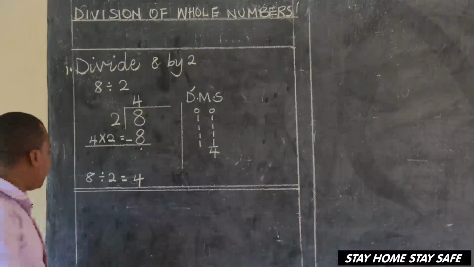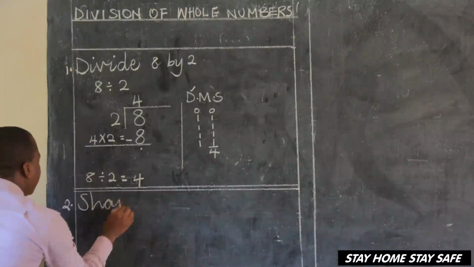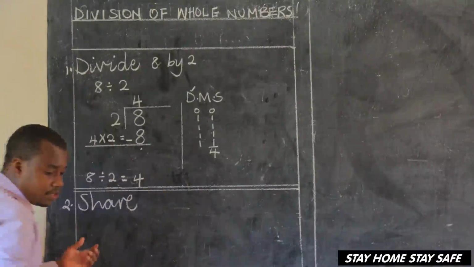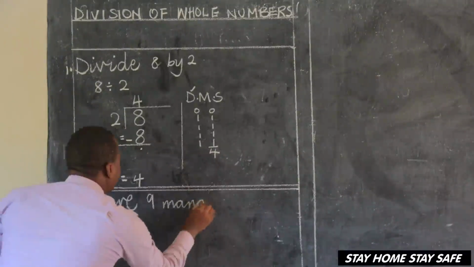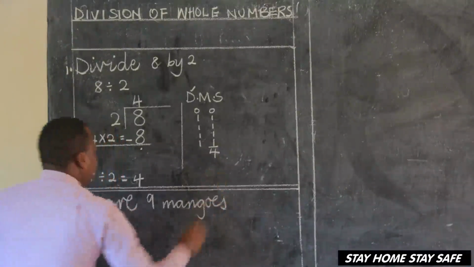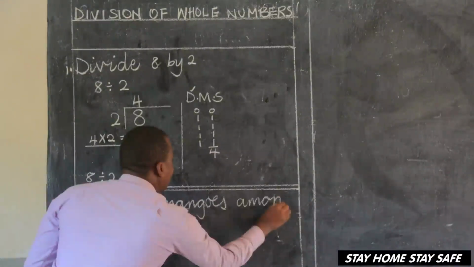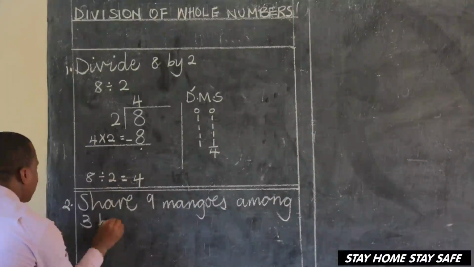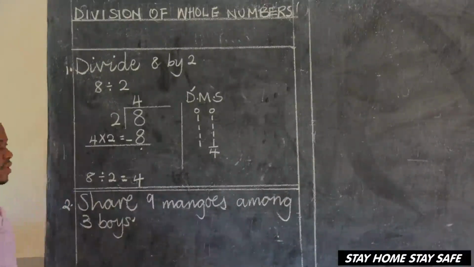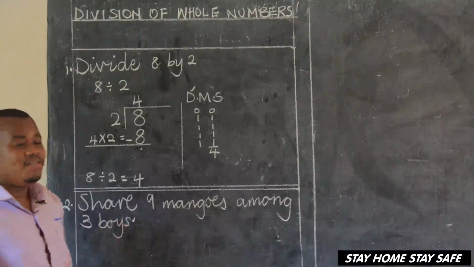Another example, number 2. We can also use words like share 9 mangoes among 3 boys. When we are talking about share, this word is used in division.